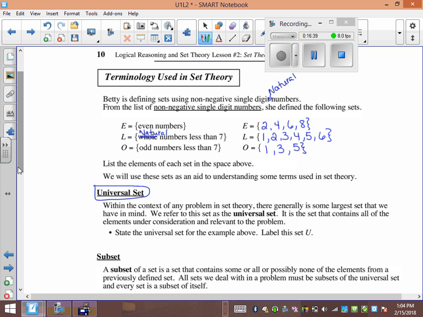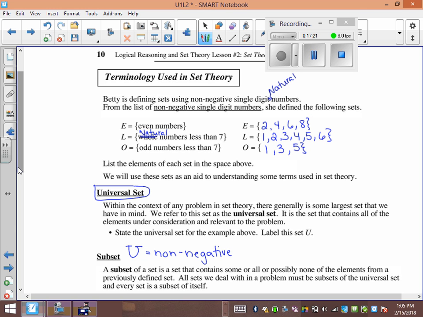So, what would the universal set be of this one? It's often in the question. So it says, Betty is defining sets using non-negative single-digit natural numbers. So from E, L, and O, what did I choose from? Non-negative, single-digit, natural numbers, right? All of these sets were pulled from that, were they not? That's the universal set that we could choose from. So the universal set is non-negative, which I didn't need to write after, because the moment I put that it was natural, what is it?